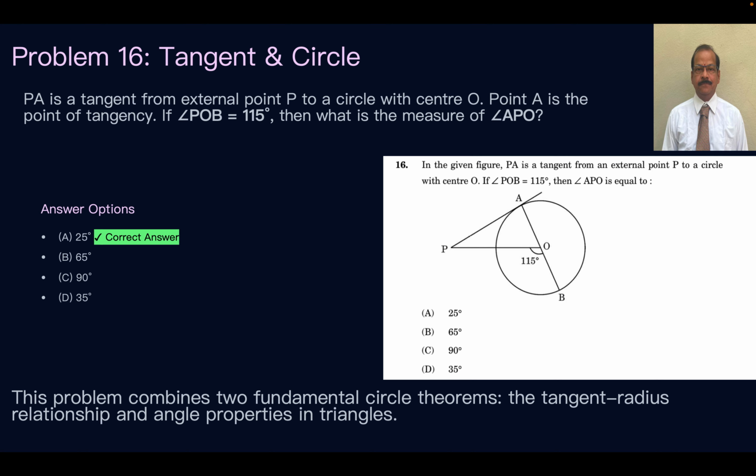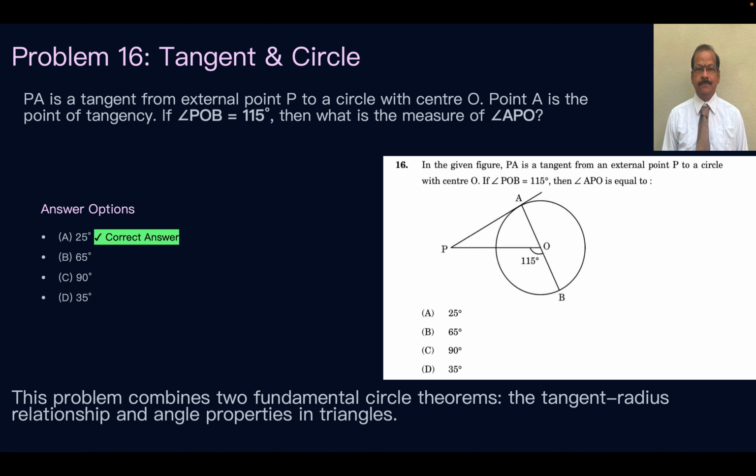This is a circle, there is a tangent to the circle, and from P, the external point, it is joined to O, the center of the circle, and AO is extended to touch the circumference at B. Angle BOP at the center is making an angle of 115 degrees.